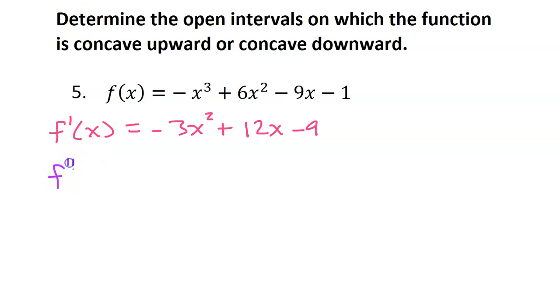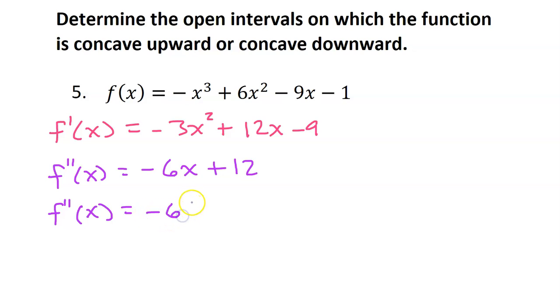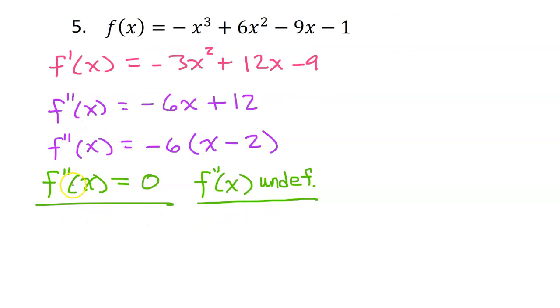Now we will find the second derivative in the same way. 2 times negative 3 is negative 6. And then plus 12. Let's go ahead and write this in factored form to make it easier to find the special numbers, which I would normally call critical numbers if it was the first derivative. So this will be negative 6 times x minus 2.